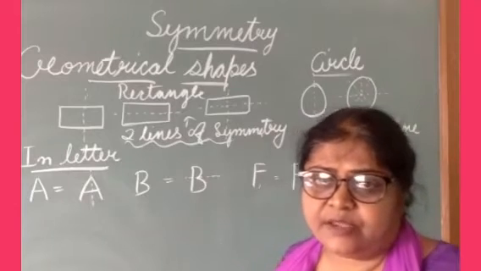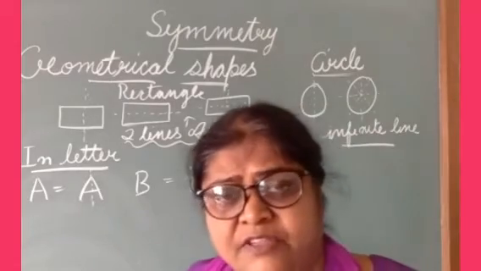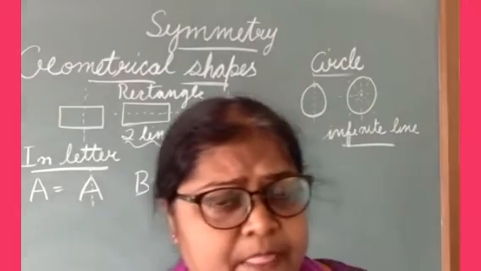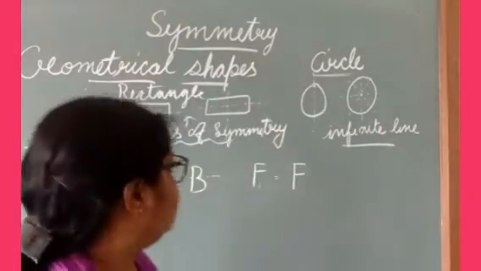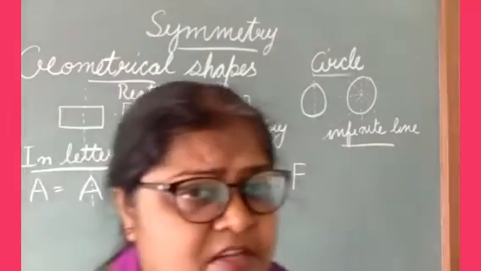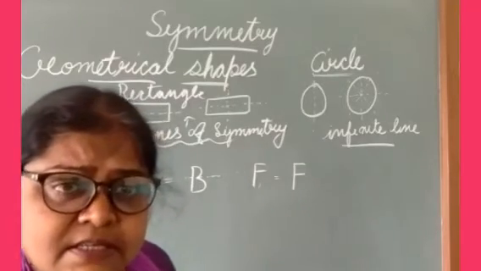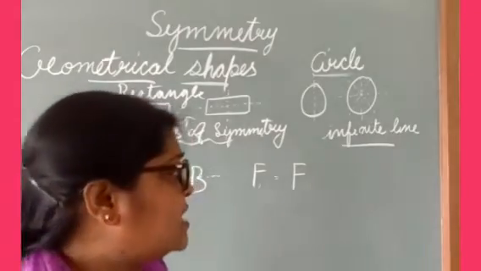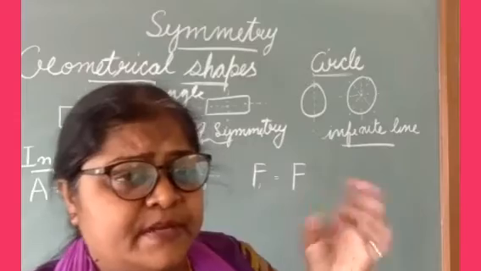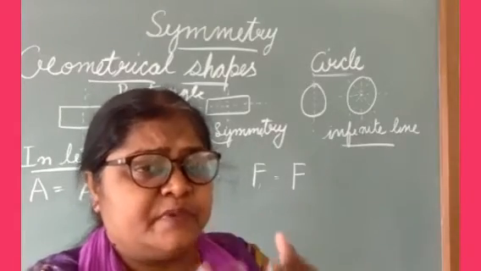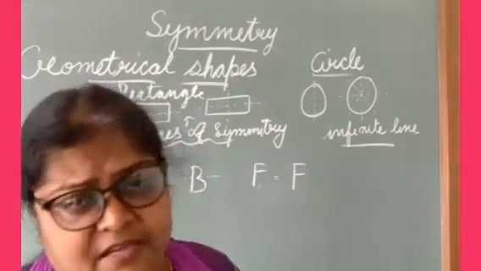In geometrical shapes, we dealt with the rectangle and the circle. A rectangle has two lines of symmetry. And a circle has infinite lines of symmetry. A circle can be divided anywhere, and when you fold it, the same portion will be there in each place. So you can say that a circle has infinite lines of symmetry.